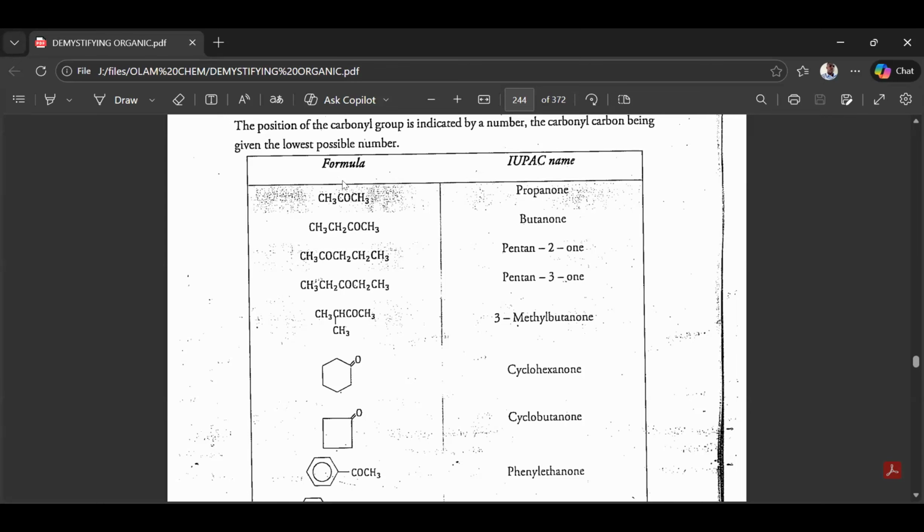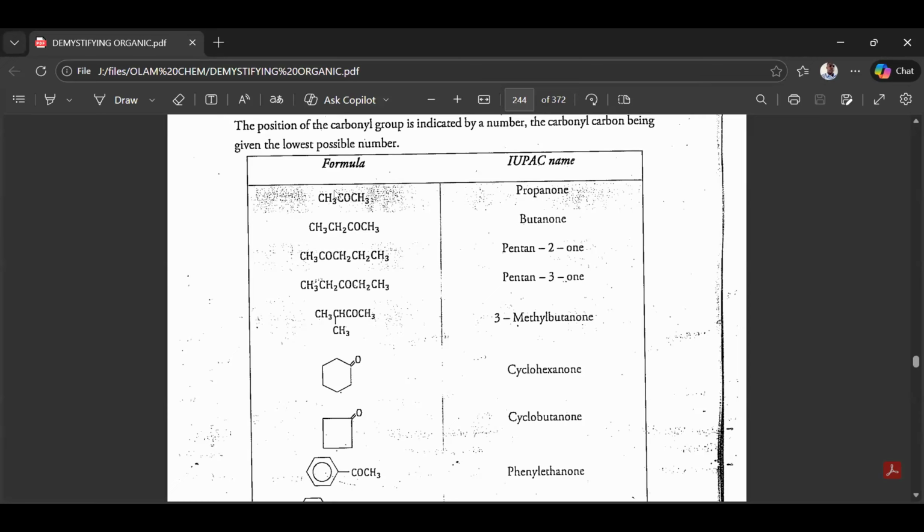Now the first one we said is called propanone, as you can see it there. The reason why we are calling this a ketone is that the carbonyl group, the way you see it there, is not attached to any hydrogen atom. If you see any hydrogen atom attached to a carbonyl group, that is not a ketone. So this one is a ketone, because the carbonyl carbon is not attached to any hydrogen atom, but is instead attached to alkyl groups, which are the methyl groups here.